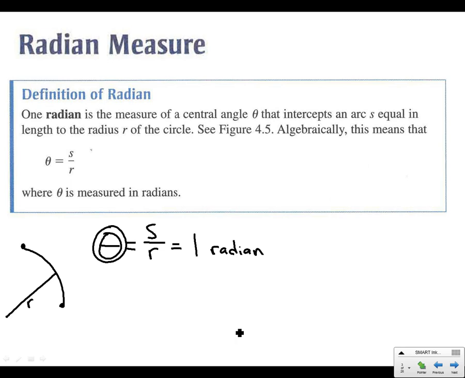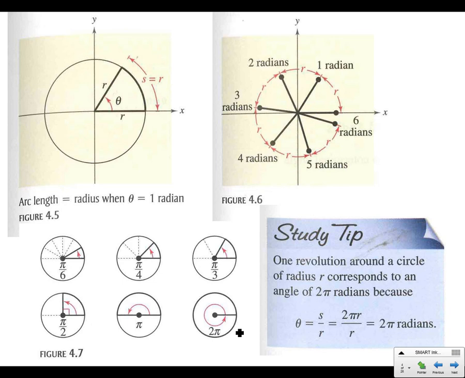So we don't typically use a single radian that much. What we end up using is in terms of pi. If we go all the way around the circle, we end up with 2 pi, which is what this is saying down here. A complete circle is 2 pi radians. So we can split up our circle into some pretty common elements. Half a circle would be pi. A quarter circle would be pi over 2.